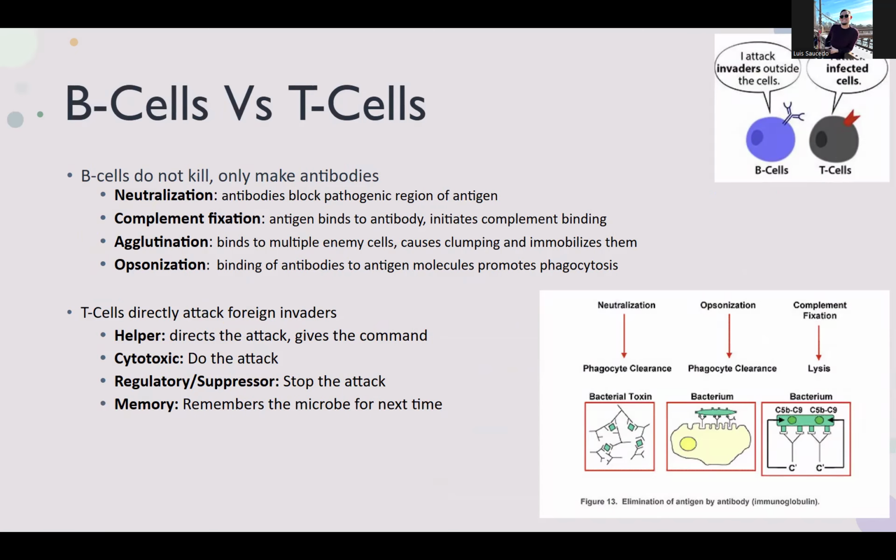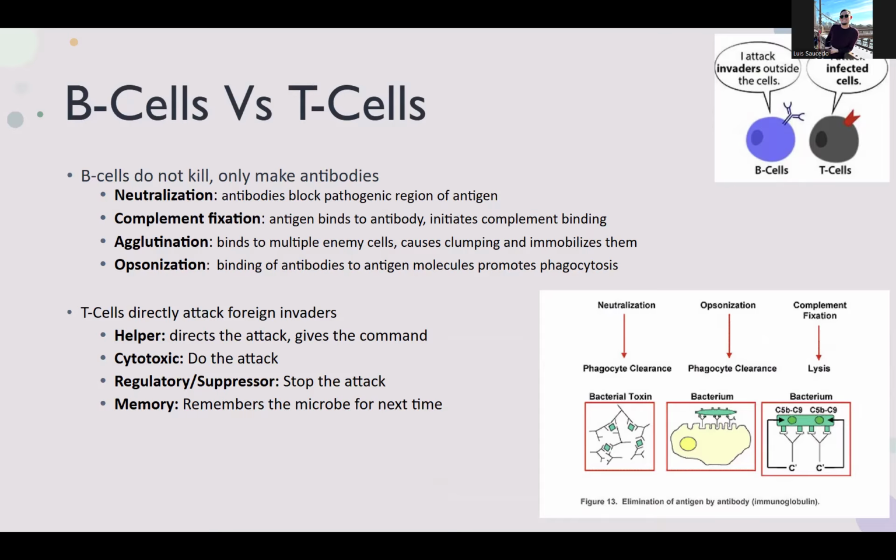T cells primarily are used for attacking things like virally infected cells, so viruses, also cancer cells, whereas B cells typically attack invaders that we call outside of the cells. So anything like a bacteria, a fungus, a parasite, that's where B cells are involved.